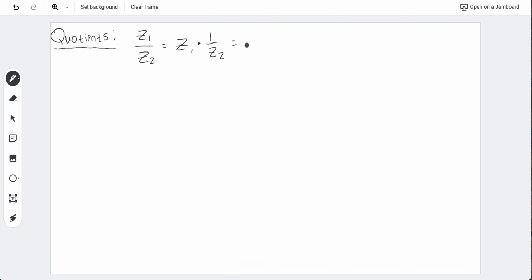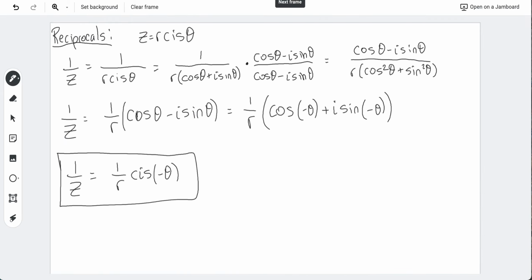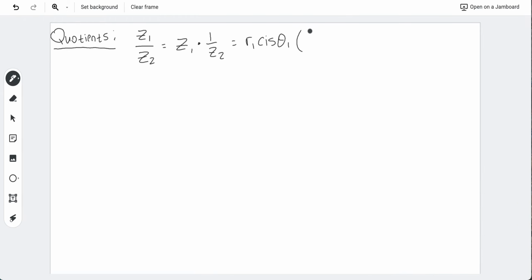Because then I know z1 is just r1 cis theta 1. z2, right, 1 over z2, I should say, is what we just found from the reciprocal, right? So I can write this as 1 over r2 times cis of negative theta 2.